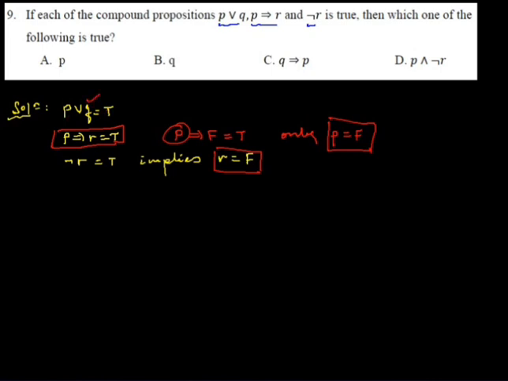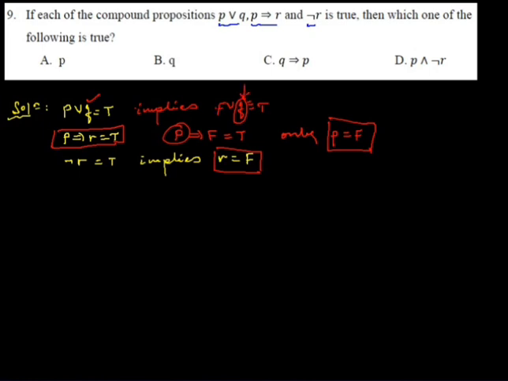Okay, P or Q is true. Here P is already false or Q is true, which means Q must be true.